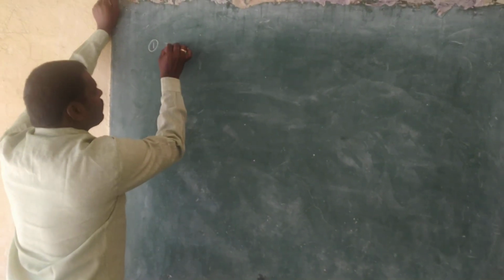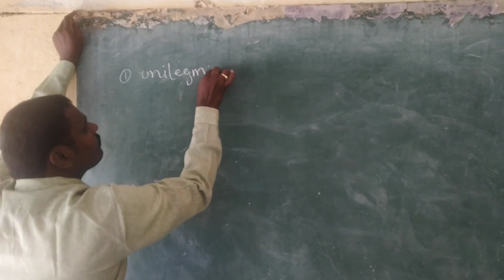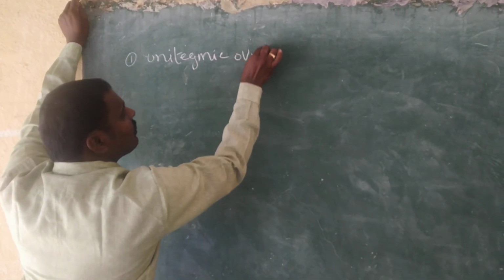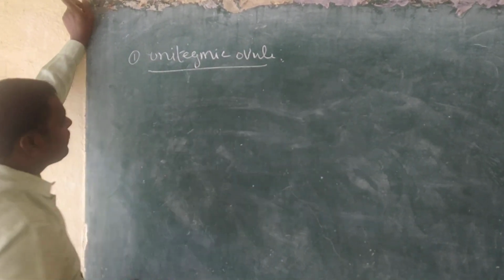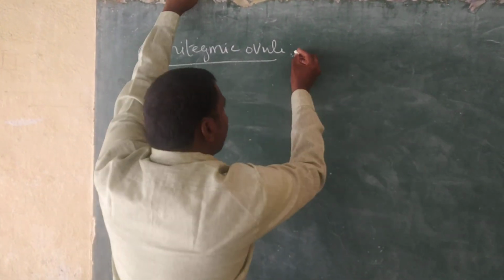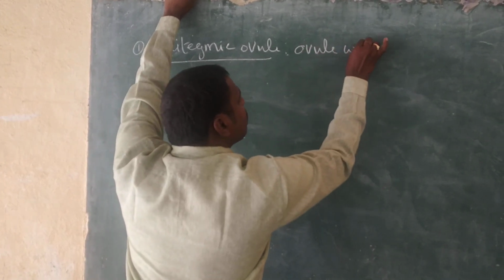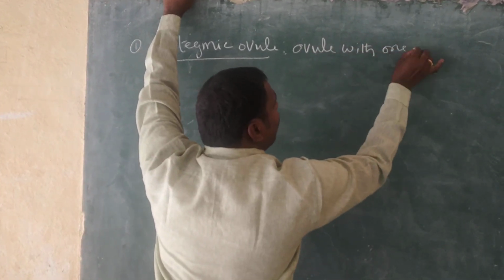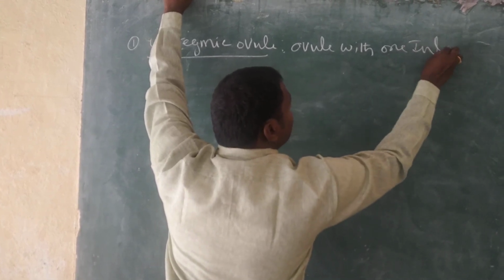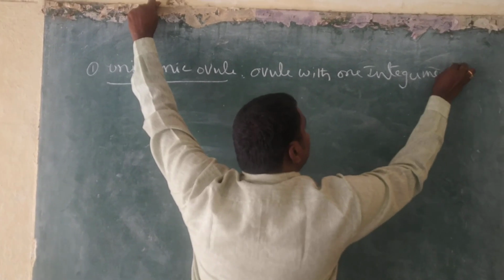Now the first one is a unitegmic ovule. The name itself indicates that uni, number of integuments, is 1.